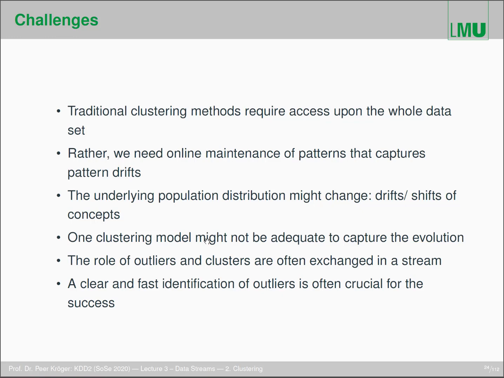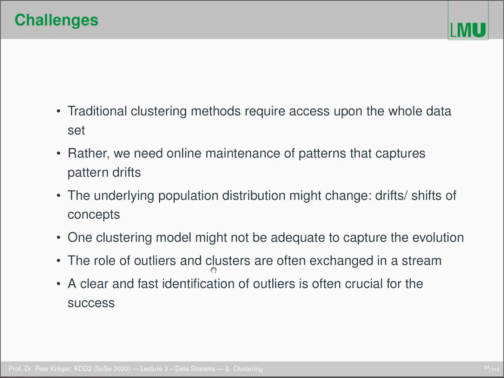And of course this is a very, very hard problem, because typically we just apply one specific cluster model on the entire stream or during the entire lifetime of the stream. So changing the cluster model is extremely challenging and extremely hard to do. Then the role of outliers in clusters, which are somehow orthogonal concepts, are often exchanged in streams.